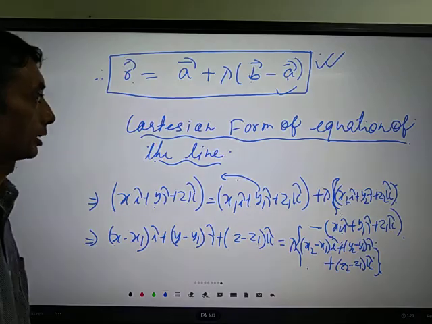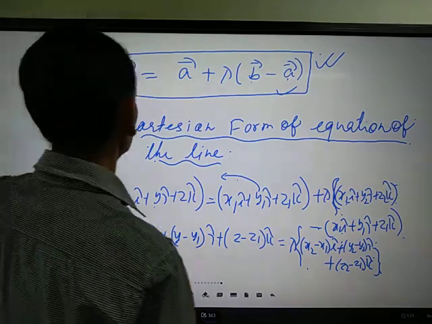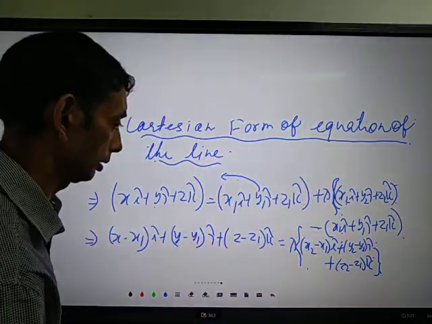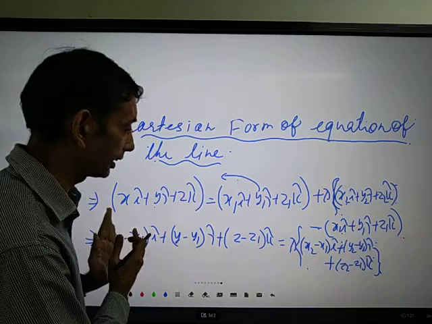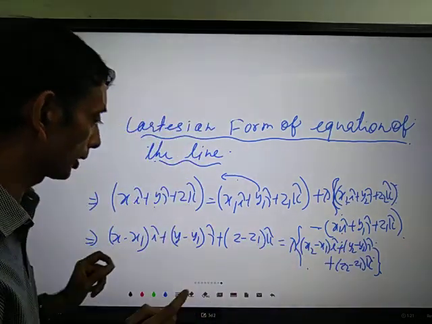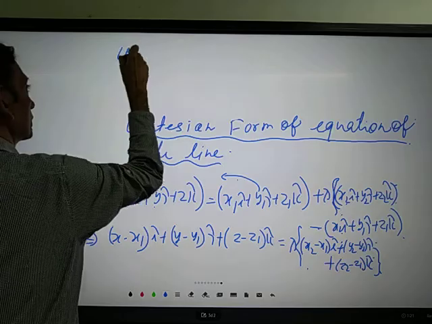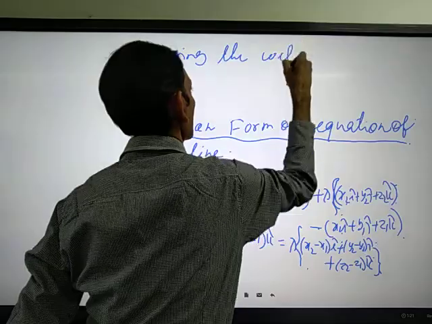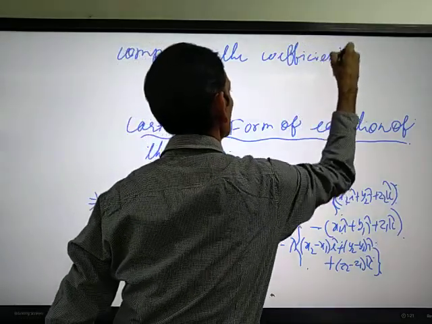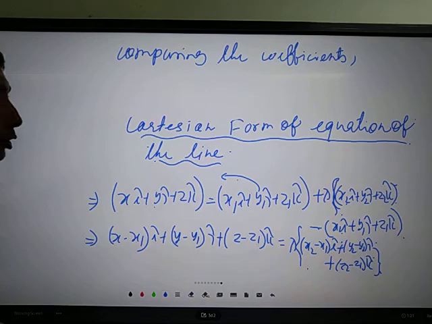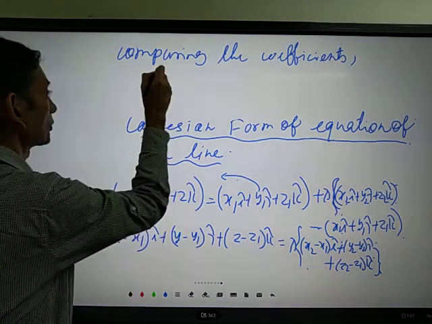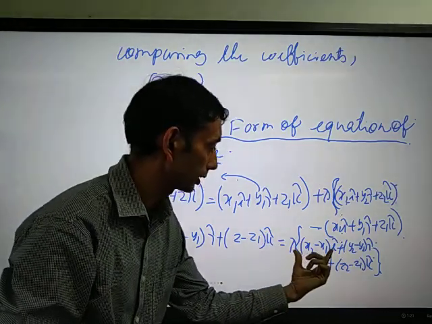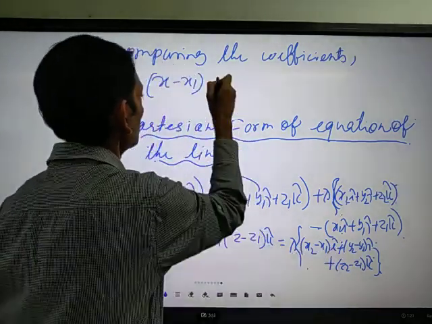So if I compare both sides, the coefficient of i in the left hand side and the coefficient of i in the right hand side, comparing the coefficients, I just get the first term as x minus x1 is equal to, what is the coefficient of i in the right hand side?